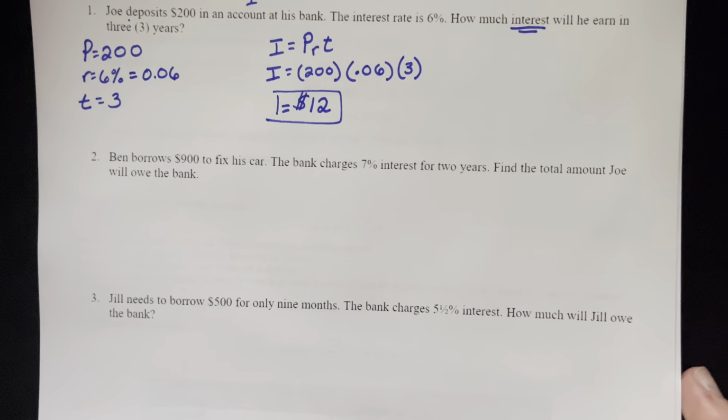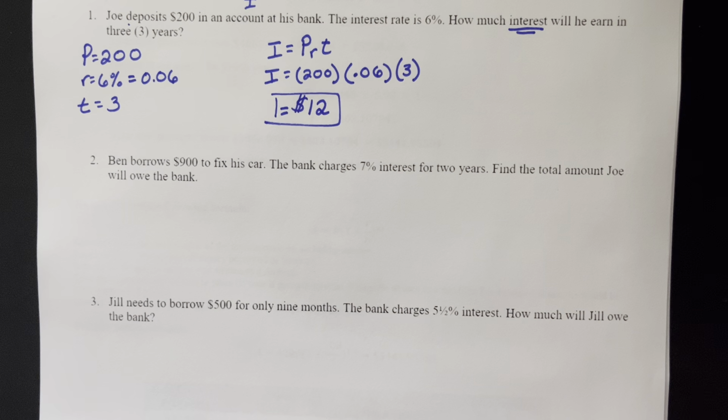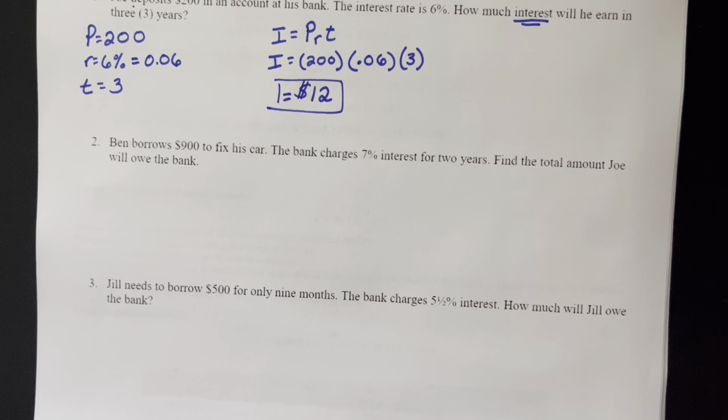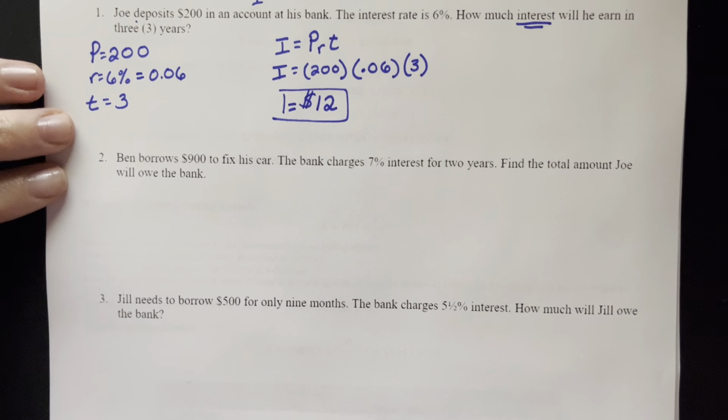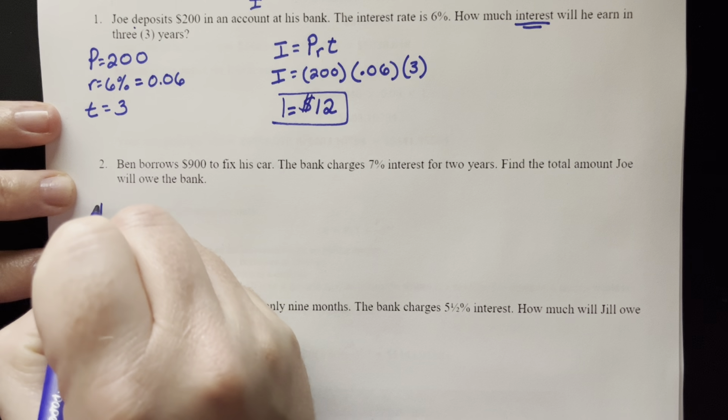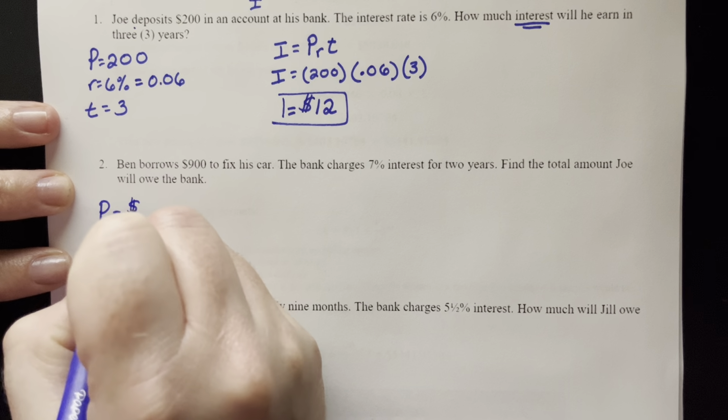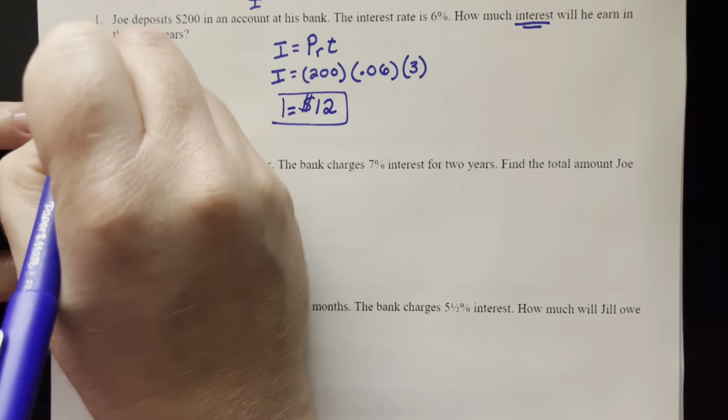Okay, the next problem. Ben borrows $900 to fix his car. The bank charges 7% interest for 2 years. Find the total amount Ben will owe the bank. So again, I like to list out my information. So the amount he borrowed was $900. Should put $ signs up here, sorry.